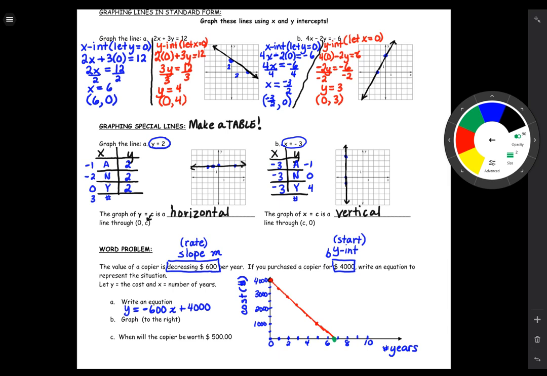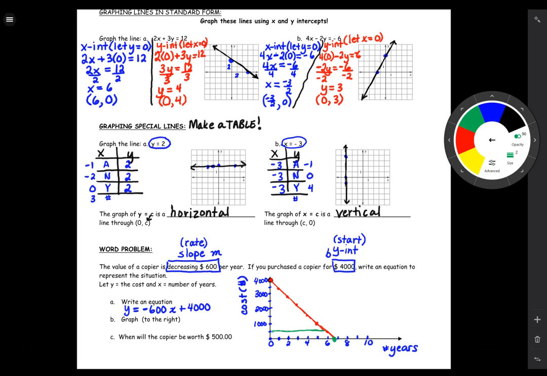So we did the graph. When will the copier be worth $500? Well, based on our graph, you want to find where $500 is. So I'm going to draw a line from 500 to right here. I'm going to say it's going to be 5.9 years about, and that makes sense.